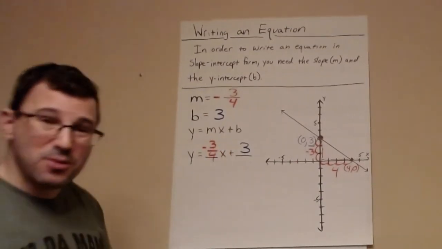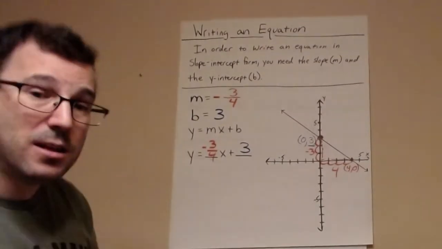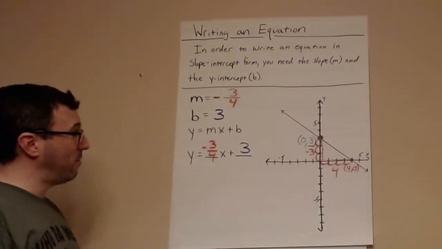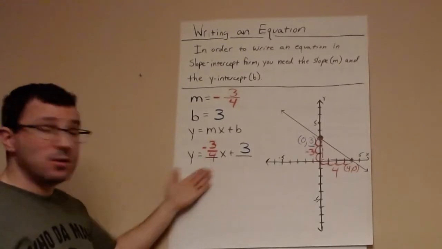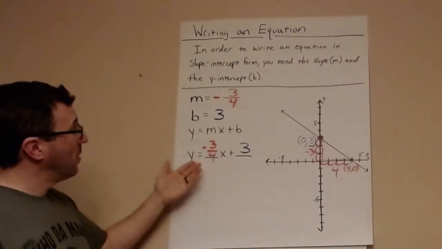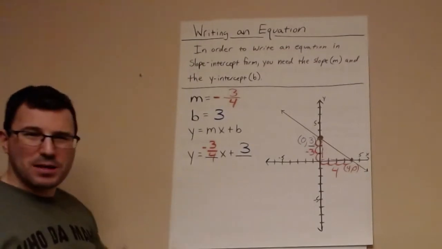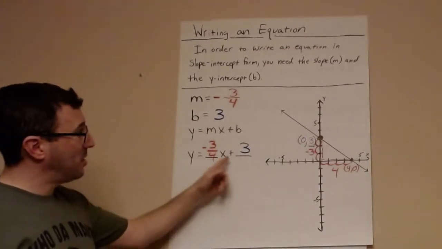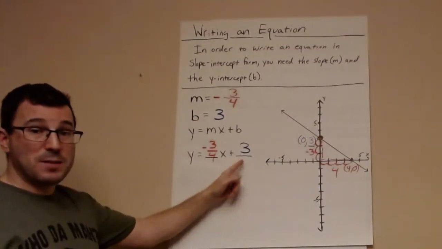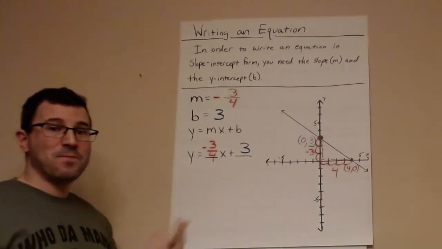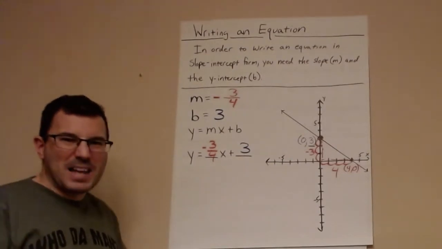I tell my students it's good to have a clean version of the equation, because this is okay, all right? But sometimes the lines, people get a little confused by it, especially if the y-intercept is negative, you have the plus negative. That can look a little not nice.